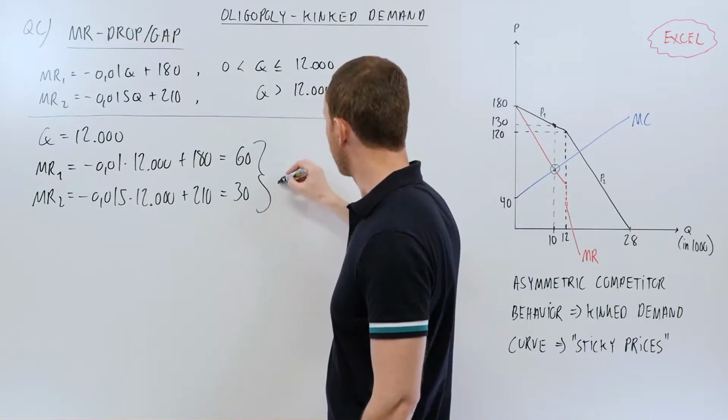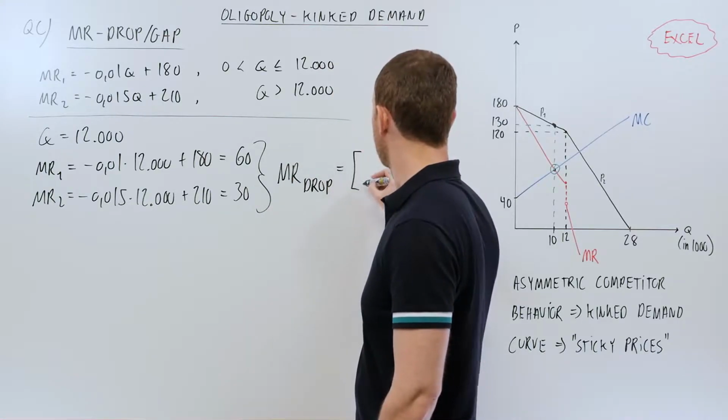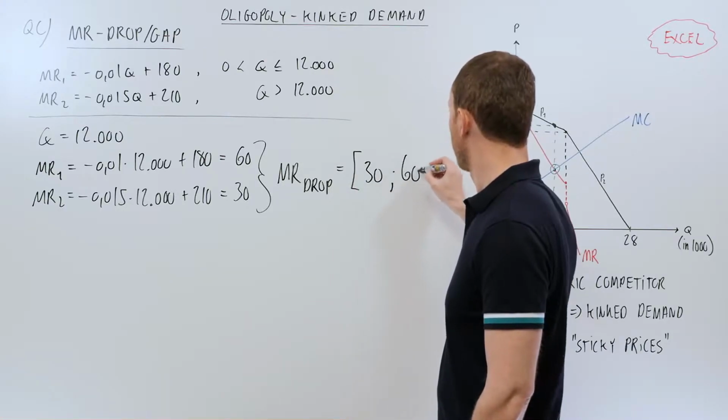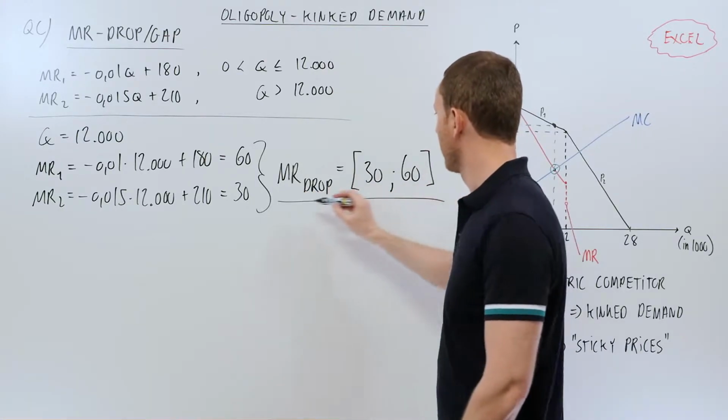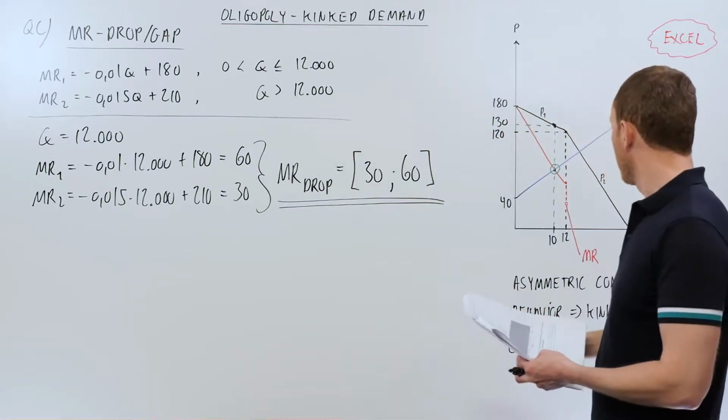So from this we can learn that the MR drop value is the interval from 30 up to 60. So this is what they ask for.